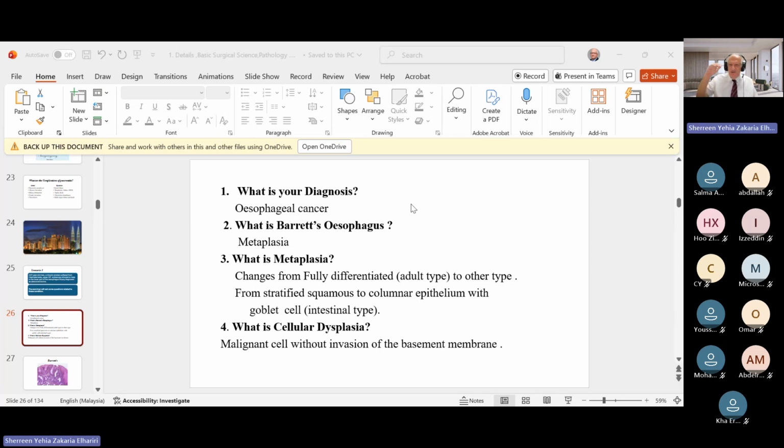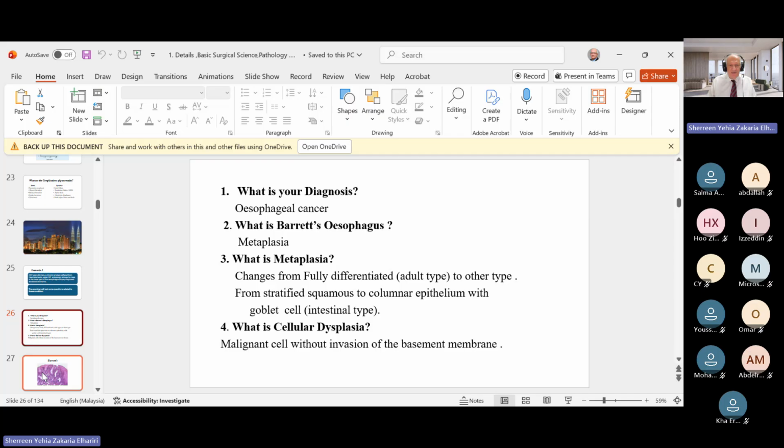Dysplasia is the early stage of carcinoma in situ. So they have all the characters of malignancy, like polymorphism, deeply stained nuclei, increased nuclear-cytoplasmic ratio. So it is like a cancer, 100% cancer, but without invasion of the basement membrane. Okay, clear?